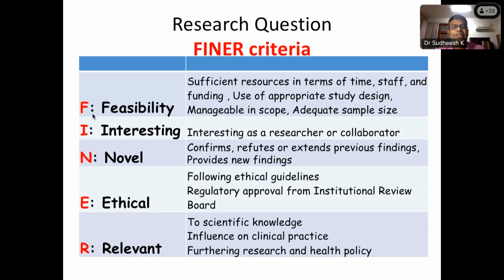Next, it has to be interesting. As a researcher, it should be interesting not only to you, but also to the person who is going to read this particular research. So that is about interesting. Next, novel. It has to find something new, or sometimes it might confirm a preliminary finding, or it might refute something.